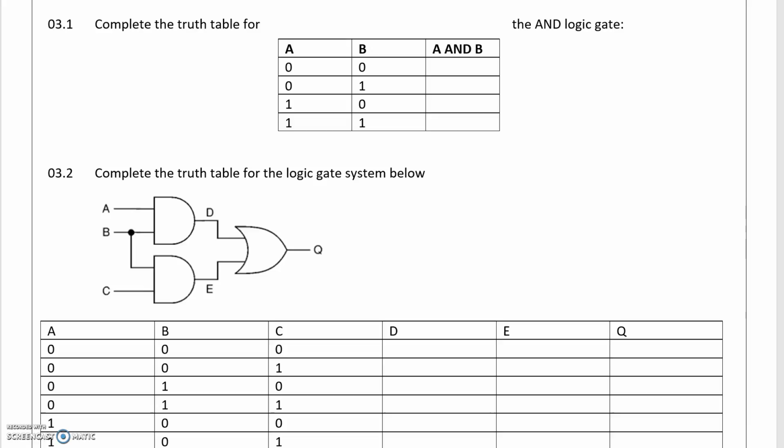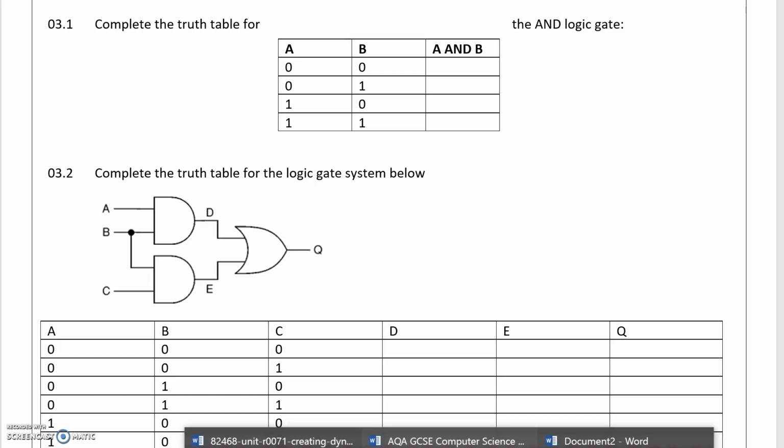They're really simple. So the first question, you just need to know this. So I'm going to show you on a blank document what we have. We have 3 logic gates which we must know the definitions of. So the first one is that we must know the AND gate.